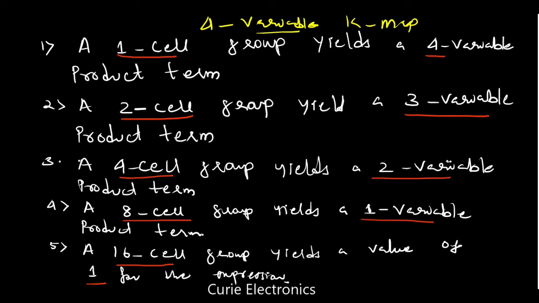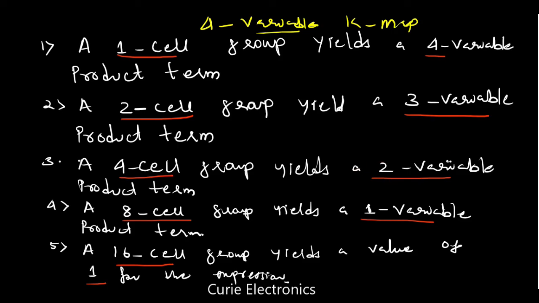A one cell group yields a 4 variable product term. Then if you have a pair, that is a 2 cell group, it yields a 3 variable product term. So one variable gets cancelled when we simplify a pair, 2 cells. A 4 cell group yields a 2 variable product term. So now we have grouped 4 ones or 4 zeros, then the answer will be a 2 variable product term. 2 variables got eliminated.